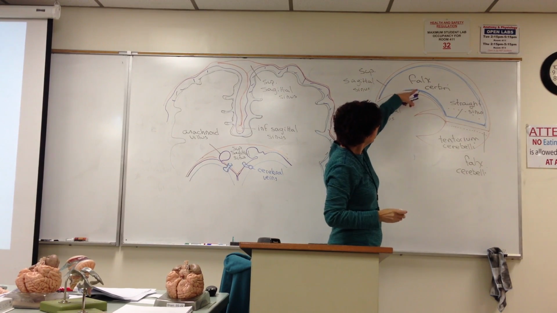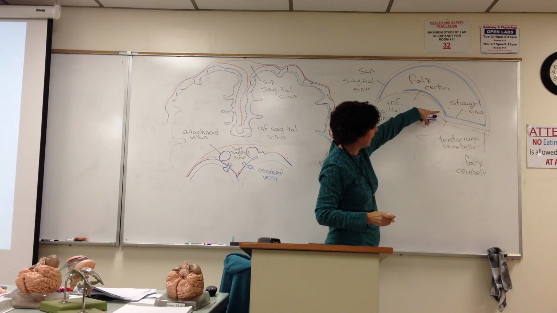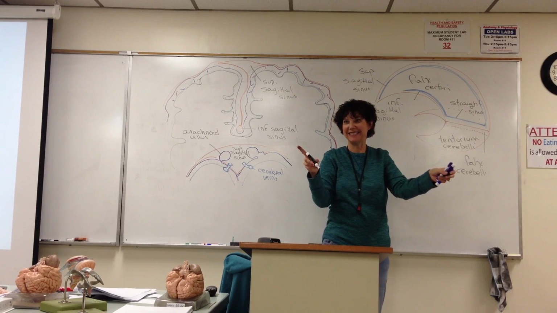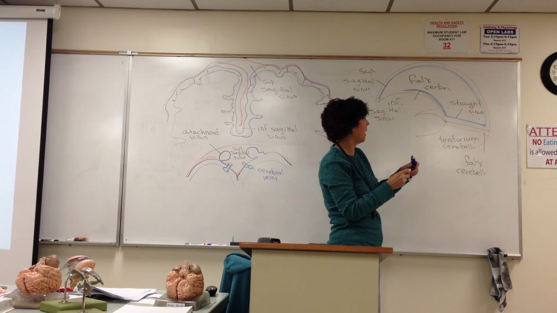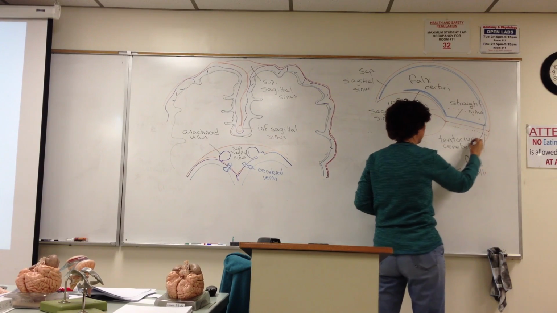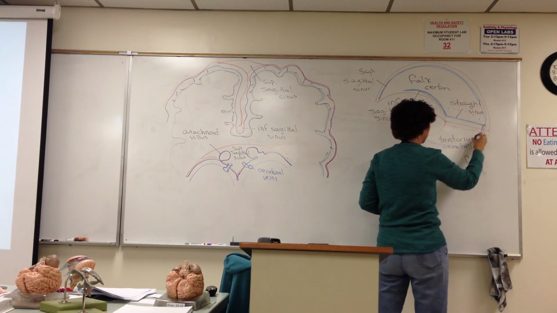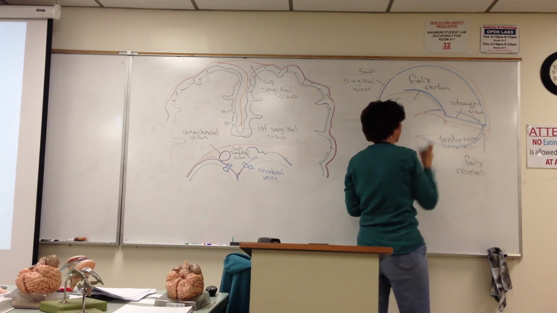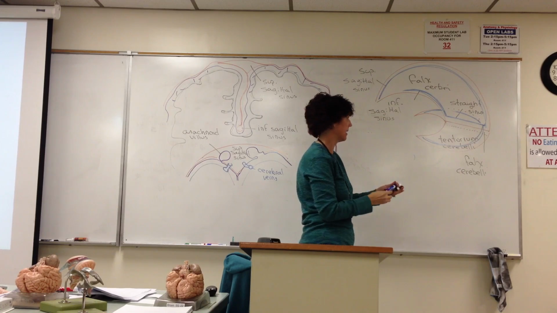So flow of the fluid through the inferior sagittal sinus goes next into the straight sinus, and then it can go left or right as it joins fluid from the superior sagittal sinus. And that's the transverse sinus.